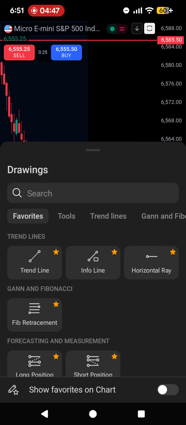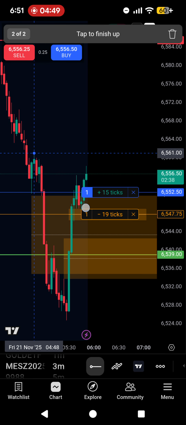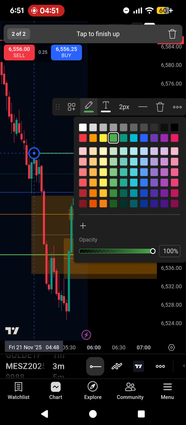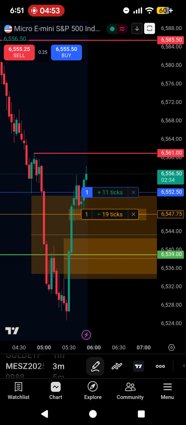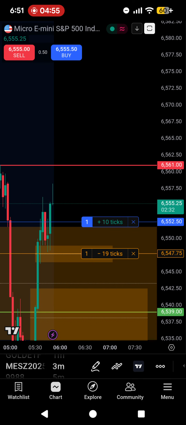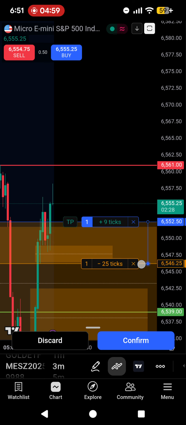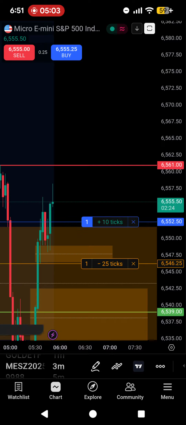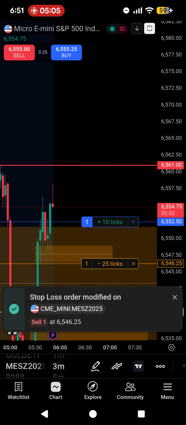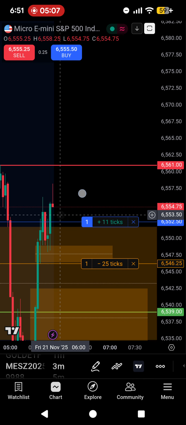Okay, what is a short scalp? A short scalp is to this swing high, to this buy side. That can be a very nice level. So right now my stop loss, I'm just gonna pull it to right here first.